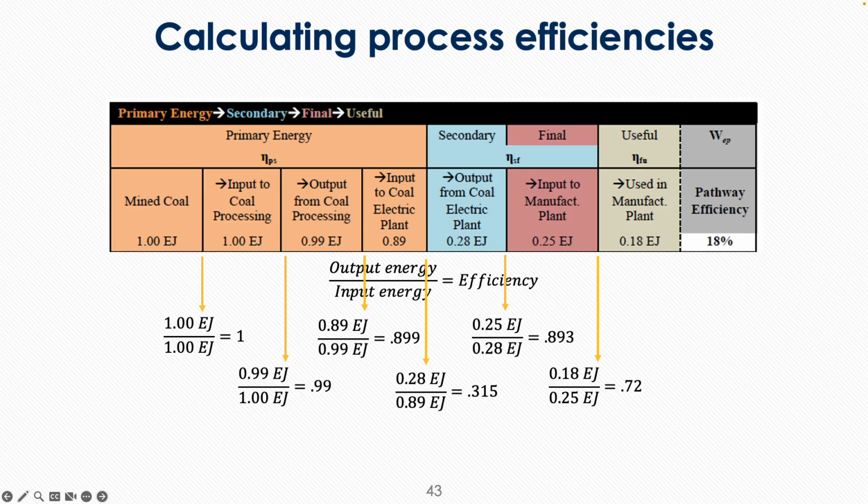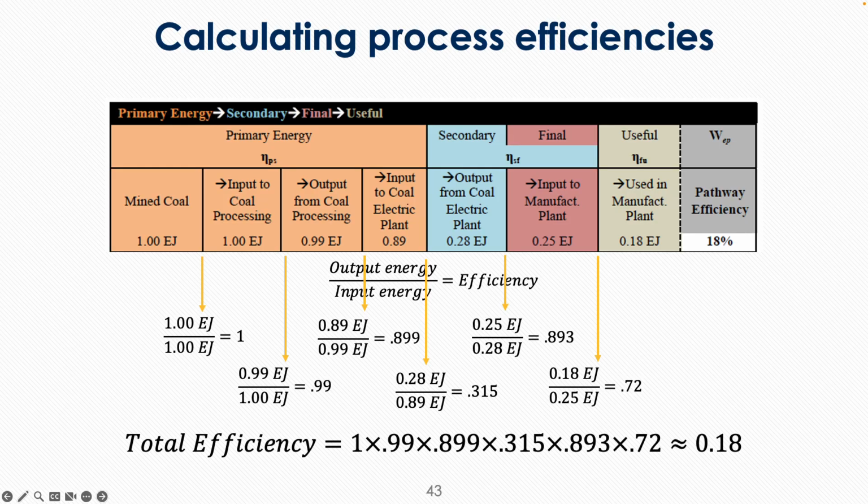If you multiply all of these efficiencies out, 1 times 0.99 times 0.899 times 0.315 times 0.893 times 0.72, you'll get about this number at the end, which is our final pathway efficiency, right? And that is just the ratio between our initial start and the final output.